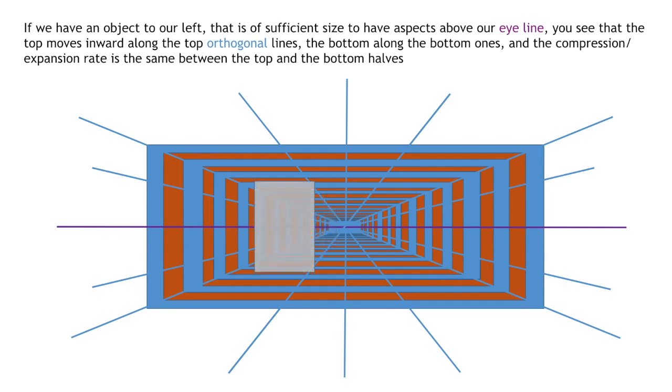Just take the rectangles and proportion them or stratify them along these orthogonal lines to get your effect. But you will see that they never cross. The point at which they vanish is going to be that center point. They never cross over to another side or another quadrant of the image.